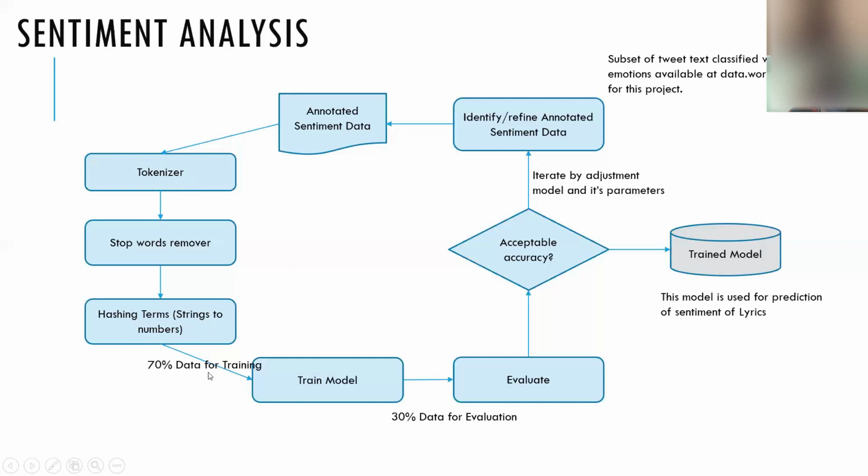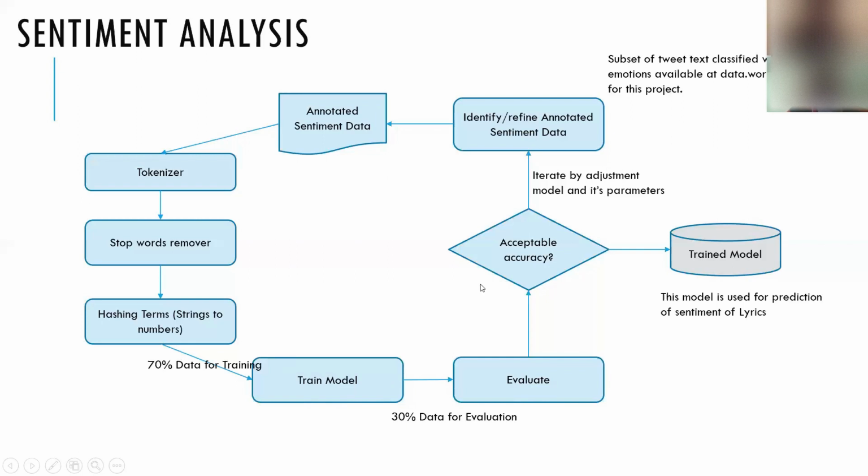Once we have this data, we split it into 2 parts. 70% of the data is used for training, and 30% is used for testing the trained model that we have created. That's what you see here. So we first train the model, and then we use that model to test against the 30% of data, to see how accurately we are able to identify the sentiment for that 30%. And then we check the accuracy of our model, how good or bad it is.